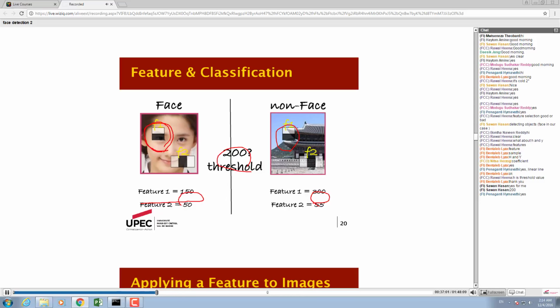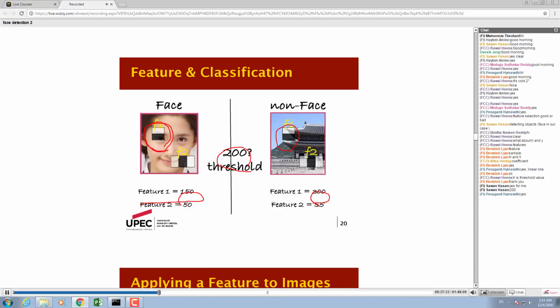If we set 200 as the threshold, then from here F1 can become a classifier. We can do some classification. We can make a kind of formula or code: when you apply F1 to any sample image, if the F1 value is less than 200, then you classify the image as face.